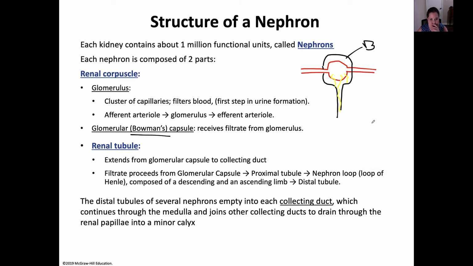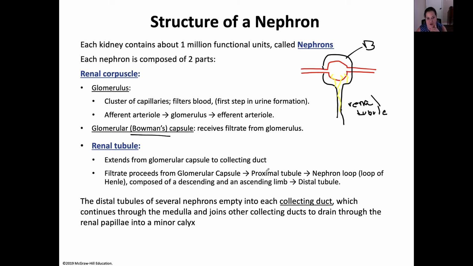That tube is going to be called the renal tubule, like a little tube. And that renal tubule is going to have different sections.